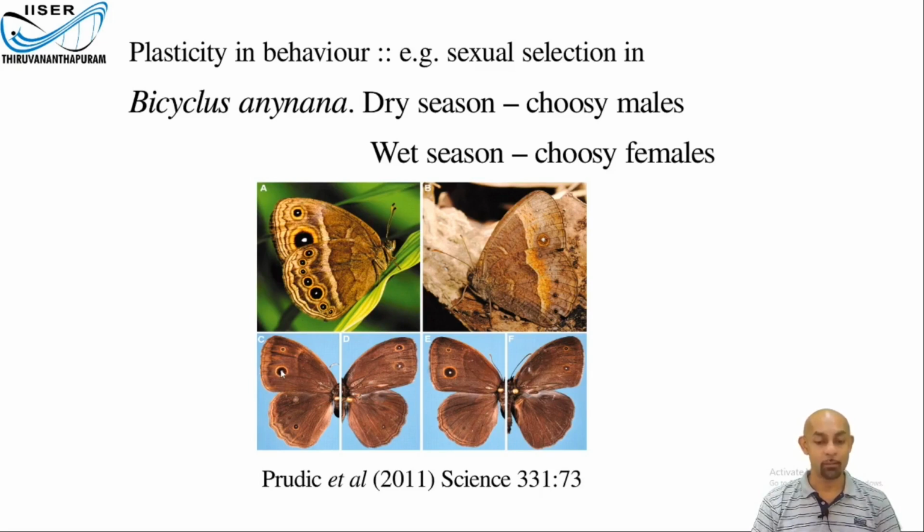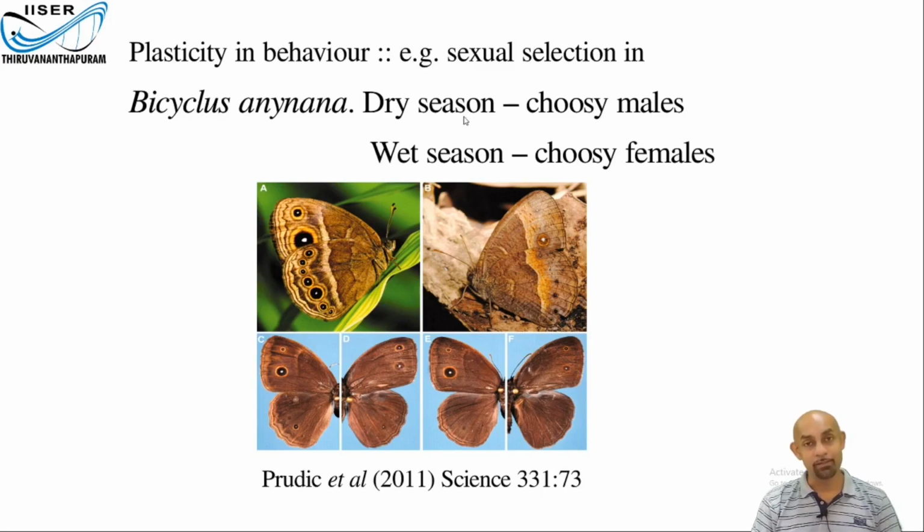This central white spot is UV reflective, and experiments have shown that there is stabilizing selection on this spot. So females don't like butterflies which have really large spots, neither do they like males which have small spots.